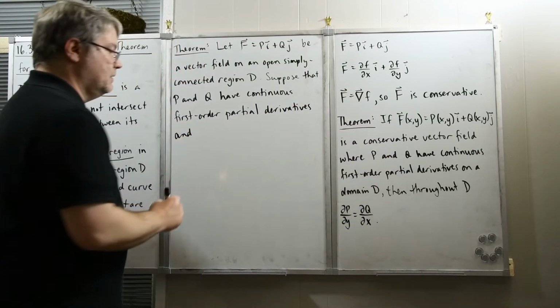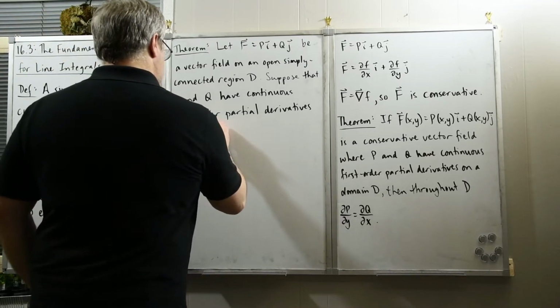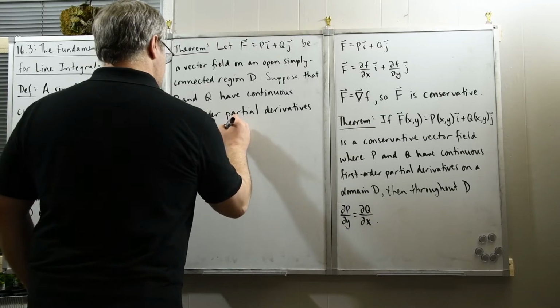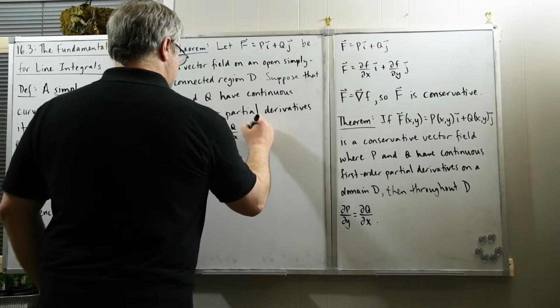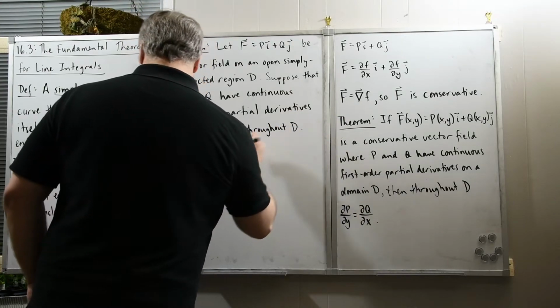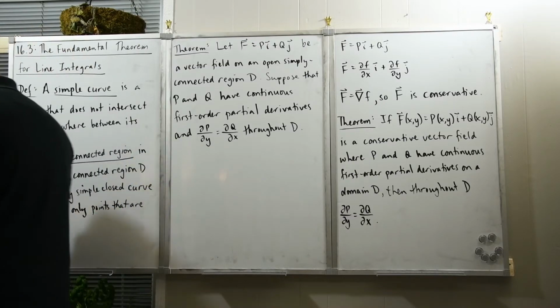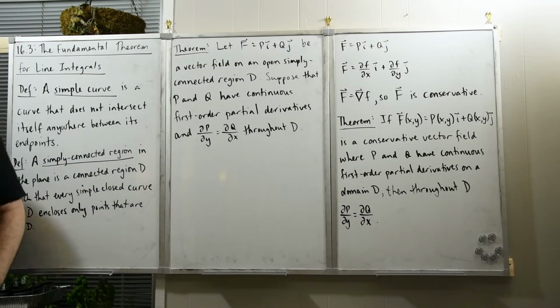And the partial of P with respect to y is equal to the partial of Q with respect to x throughout D. If that's the case, then F is conservative.